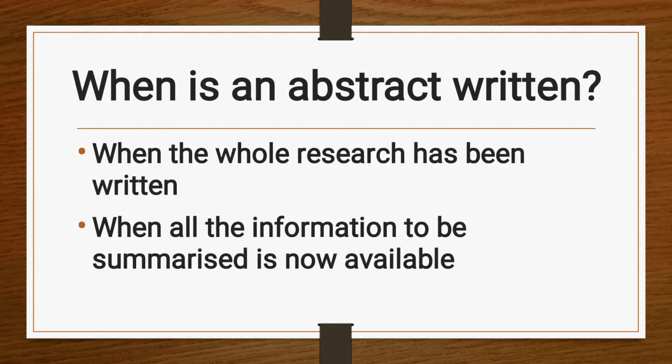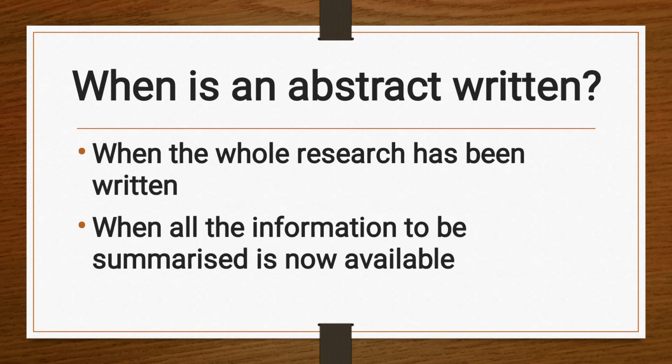Then, because I've said that an abstract should be put at the beginning of a research, maybe some people are now wondering, when is an abstract written? An abstract is written when the whole research has been written.